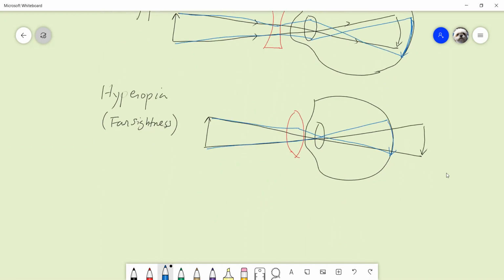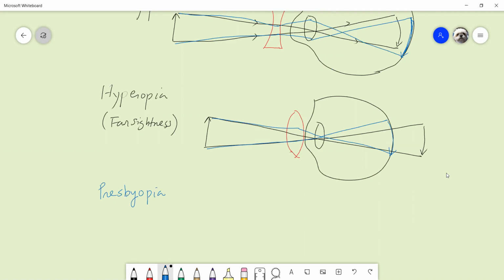Now, then I have another type of problem. We call it presbyopia. You know what Presbyterian is, right? The church.